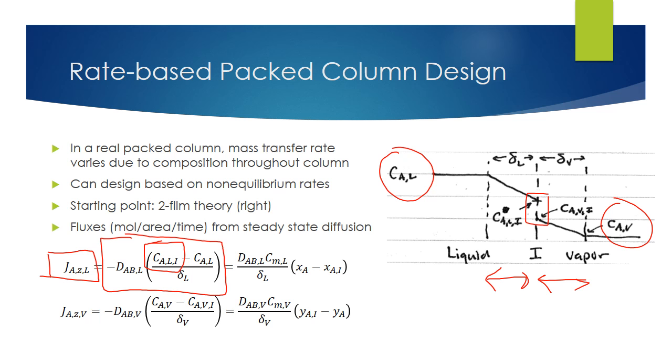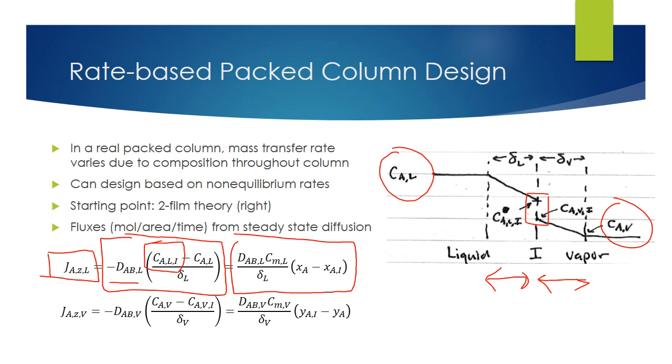So it's the diffusivity times the concentration difference over the thickness of the interface. And we can rewrite that by taking the total molar concentration in the liquid phase and write it in terms of mole fractions. So this is what we're going to use. It's the diffusivity times the total molar concentration in the liquid over the thickness of the liquid interface times x_A minus x_AI.